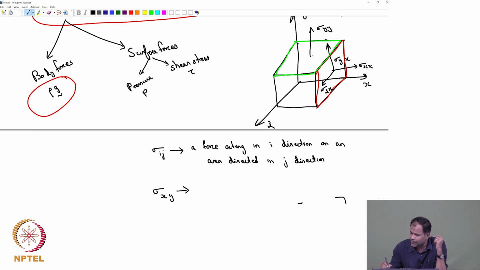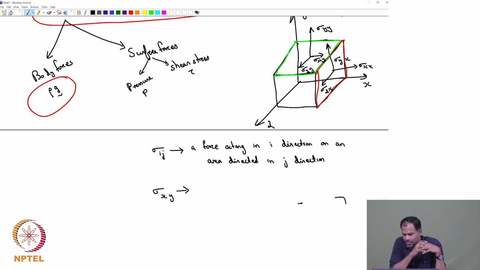I can define a force that is acting in x direction on this plane y, so that we will write as sigma xy, or I can write down a force that is acting in the z direction, so that will be sigma zy. Okay.